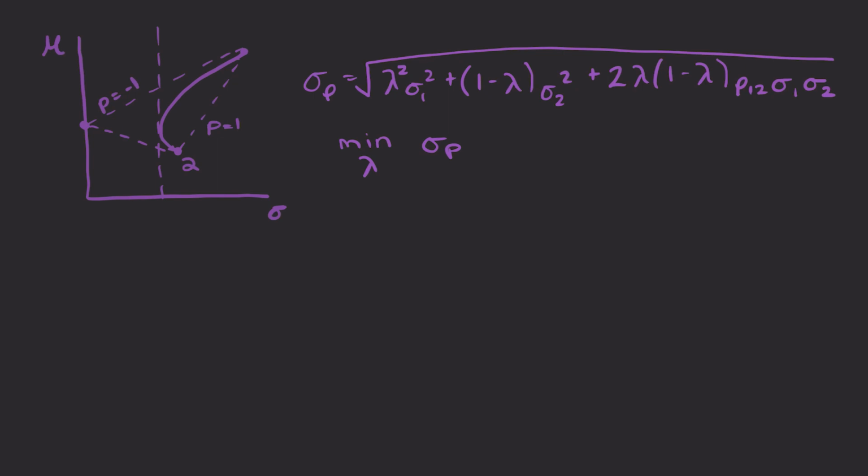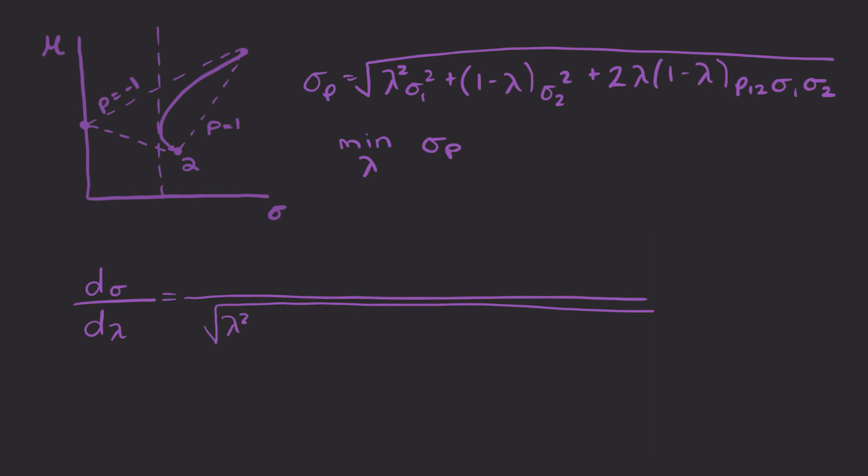So I have a 1/2. I bring this thing into the denominator. So I have d sigma d lambda, this whole thing in the denominator. And then we're going to take the derivative of this numerator with respect to lambda.